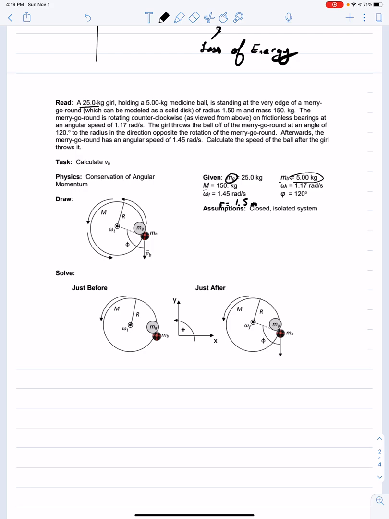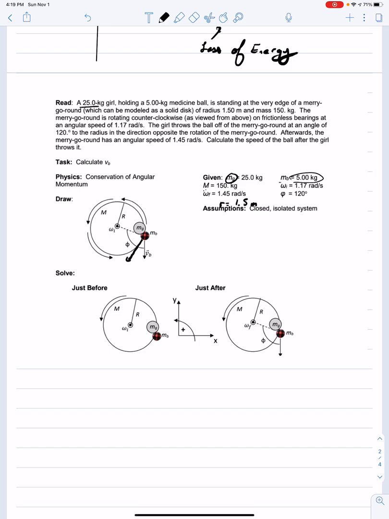1.17 radians per second. The girl throws the ball off the merry-go-round at the angle of 120 degrees to the radius in the direction opposite the rotation of the merry-go-round. So don't be scared that there's an angle, it's 120 degrees. Settle down, give me a second. So just look at it this way. You have to put it perpendicular, right?